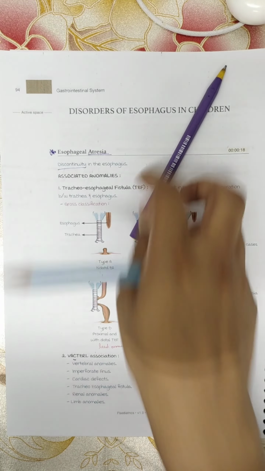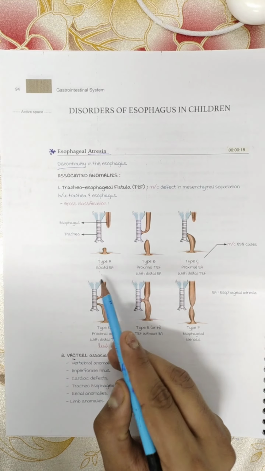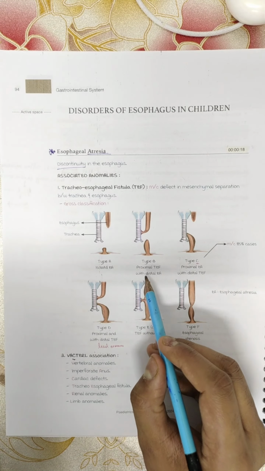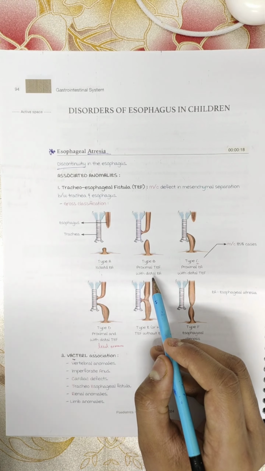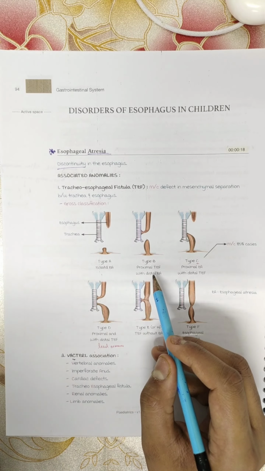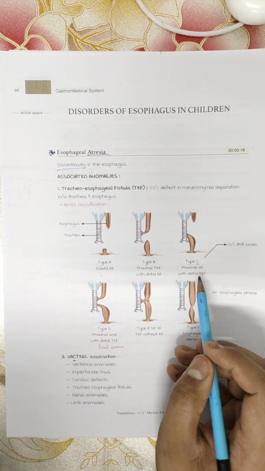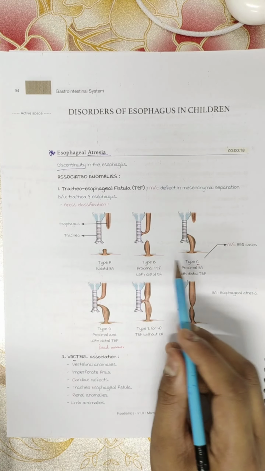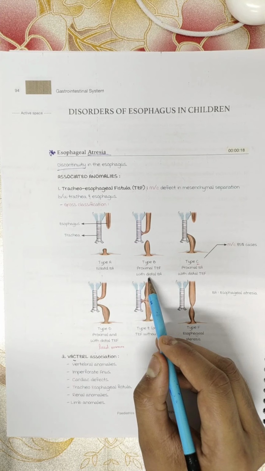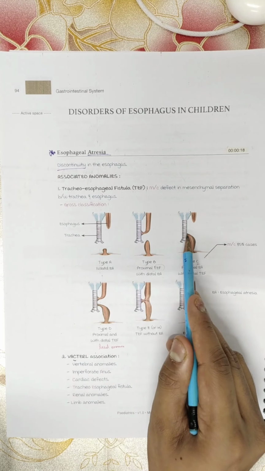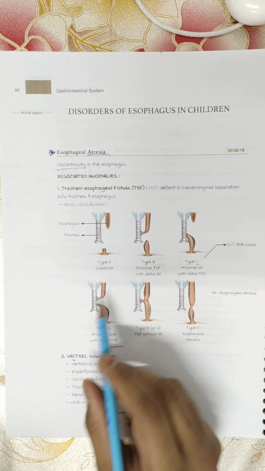The first one is isolated esophageal atresia. Esophageal atresia with distal tracheoesophageal fistula, that is this one. Esophageal atresia with proximal tracheoesophageal fistula. Proximal fistula, this is distal fistula.